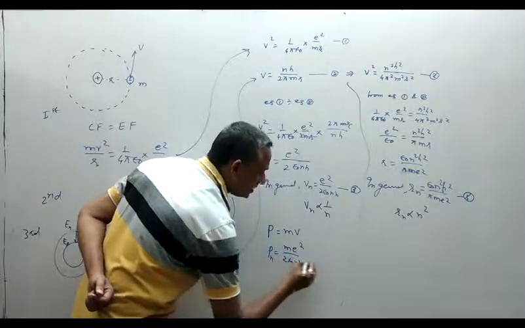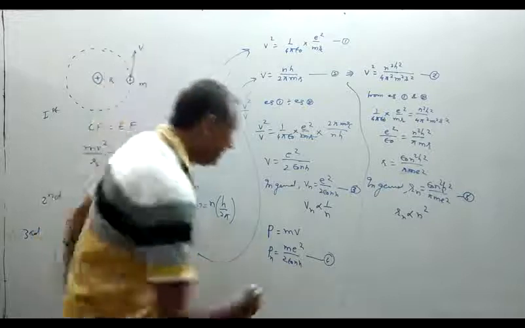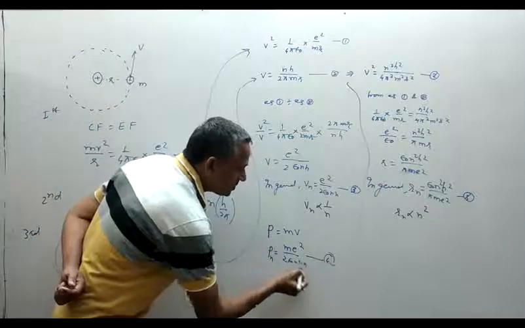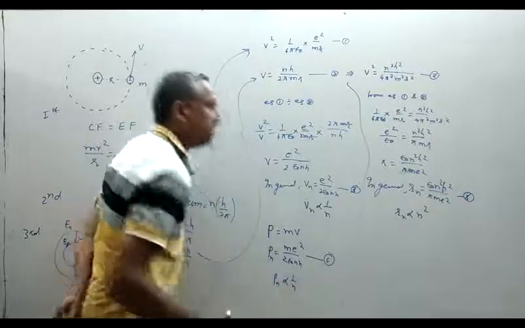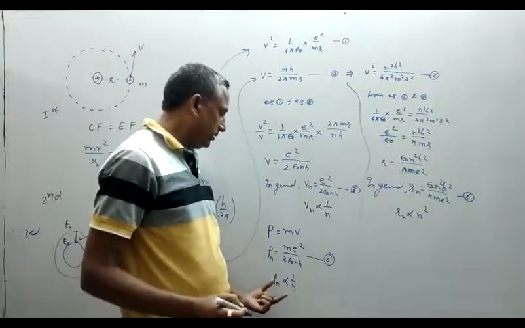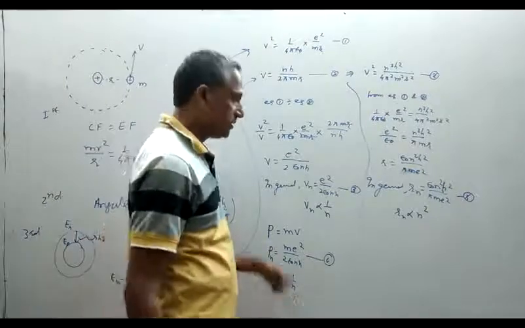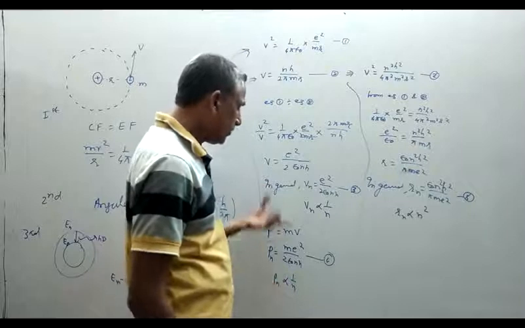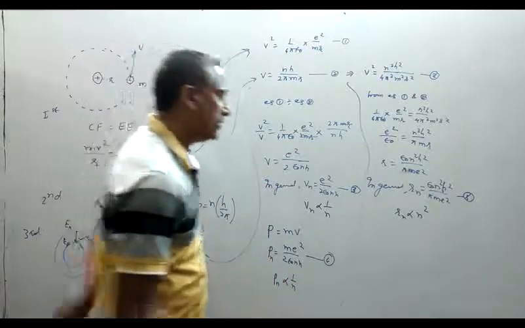In general, this is the expression for momentum of an electron in nth Bohr's orbit. Here m, e, epsilon 0 and h are constant, therefore pn is inversely proportional to n. So this is the relation of the principal quantum number with different physical quantities.